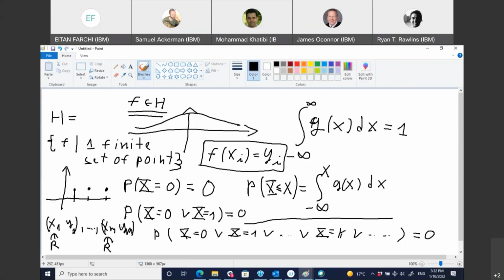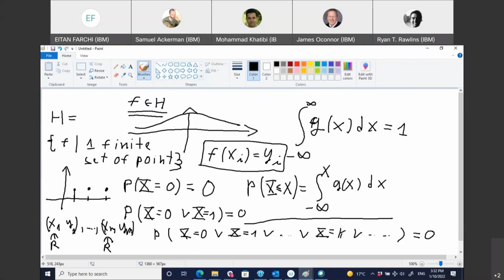Right? So it means that I'm going to get x1 with 0, through xm with 0. So did I learn anything about f? No, I don't know anything about f.